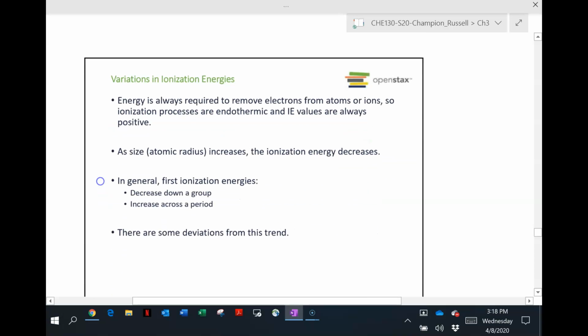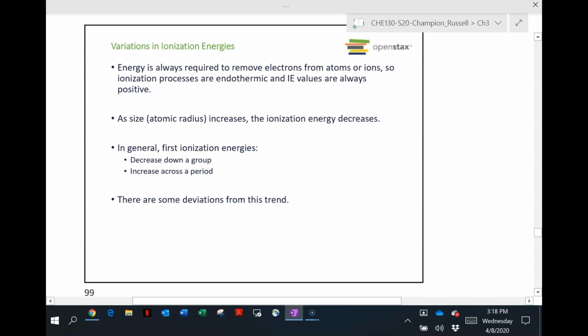Now, if you think about how hard it's going to be to take away that electron, the further that electron is from the atom, the easier it's going to be.